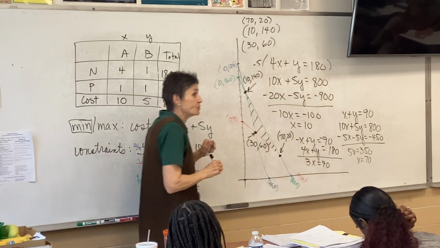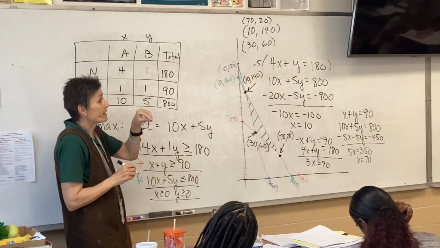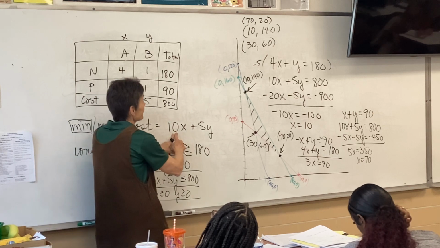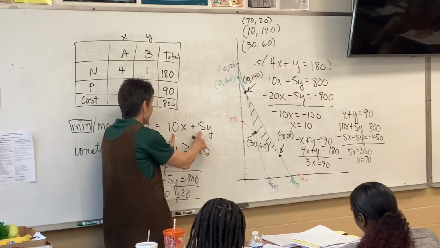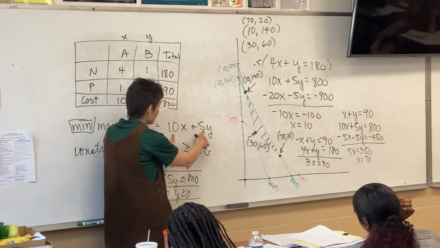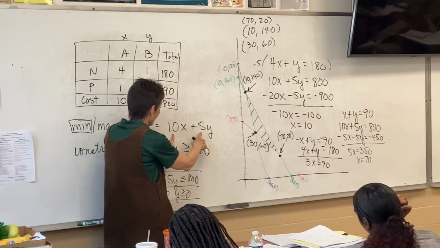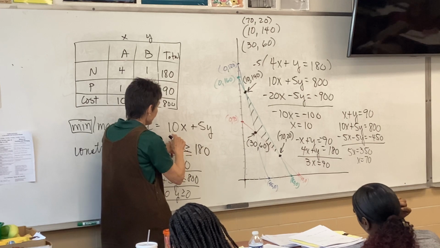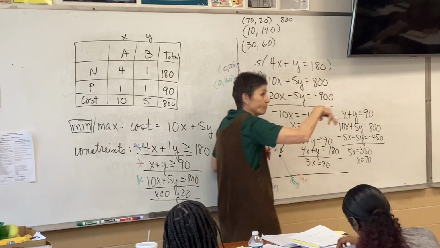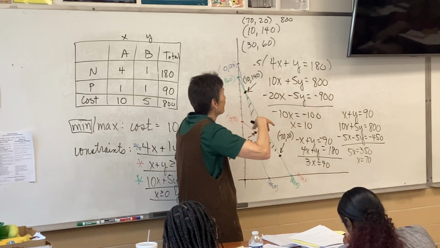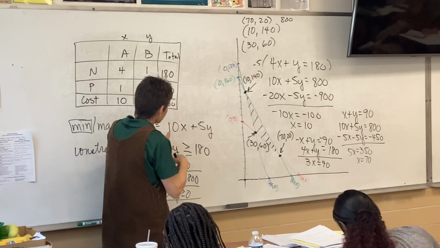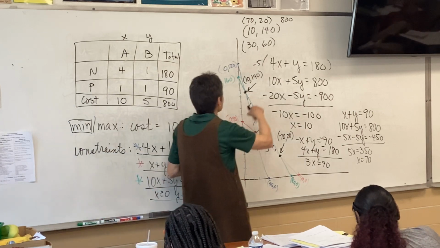So now what you have to do is figure out how much does it cost. For example, for me to buy 70 and 20, how much would that cost? Well, 70 and 20, use your calculator. I think that's 800, is it? That's my absolute maximum. I hope I don't have to pay that much. All right, what about 10, 140? 10, 140, I think is also 800.